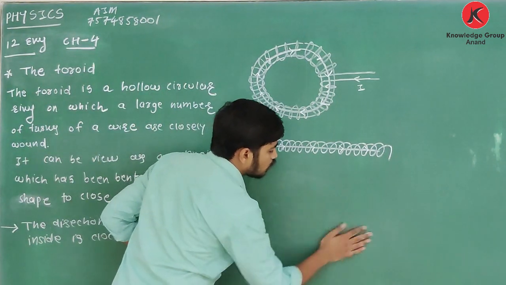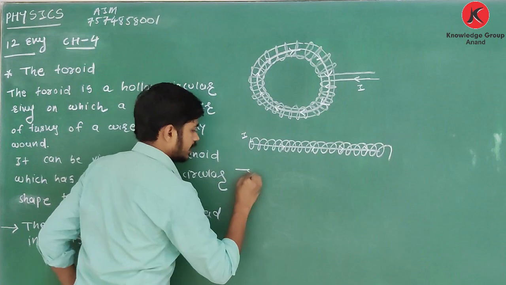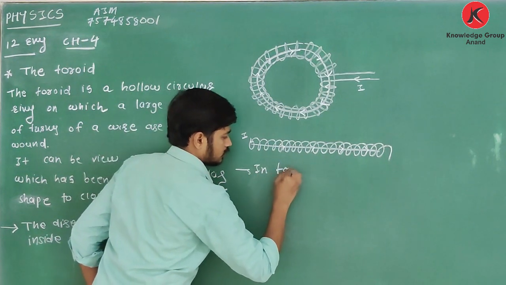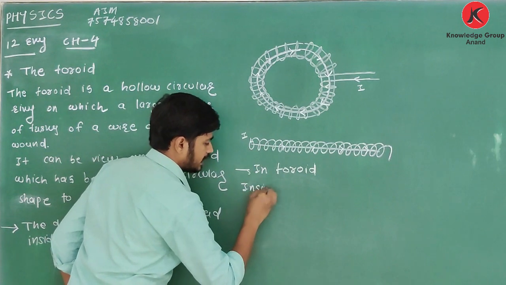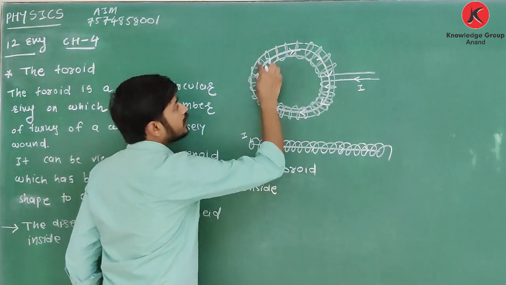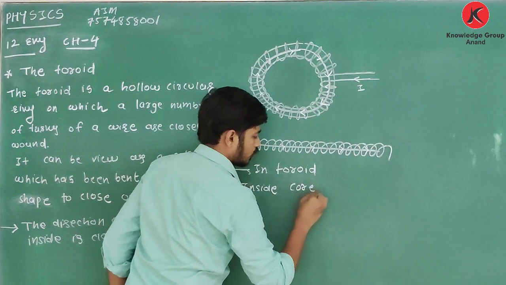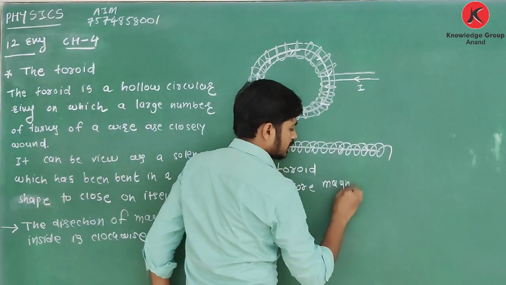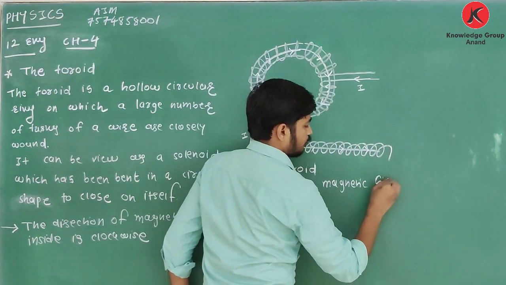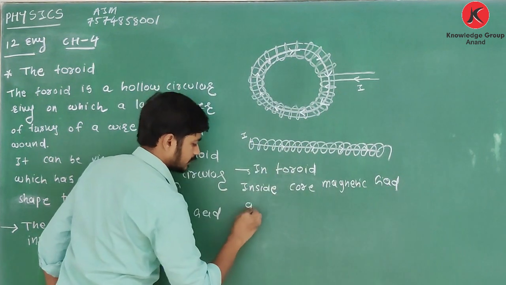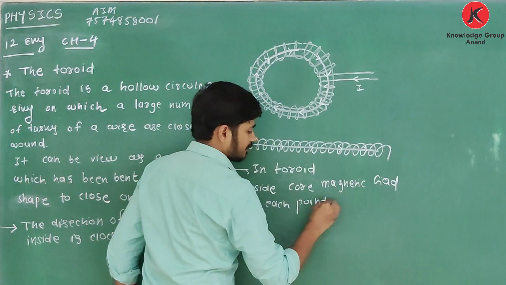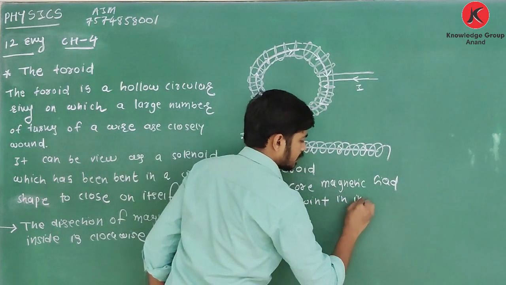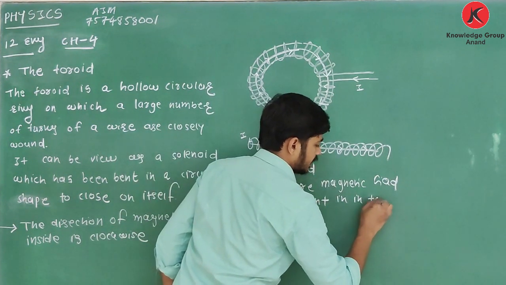So you have to remember, in the case of a toroid, inside the core, see, it is called the core, the magnetic field at each point is in the tangential direction.